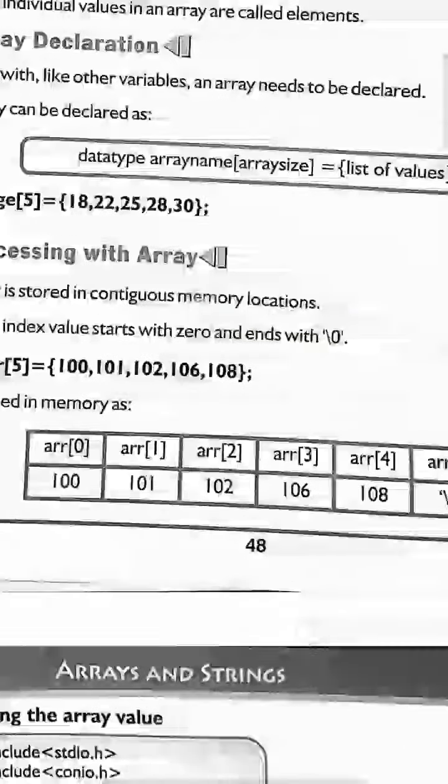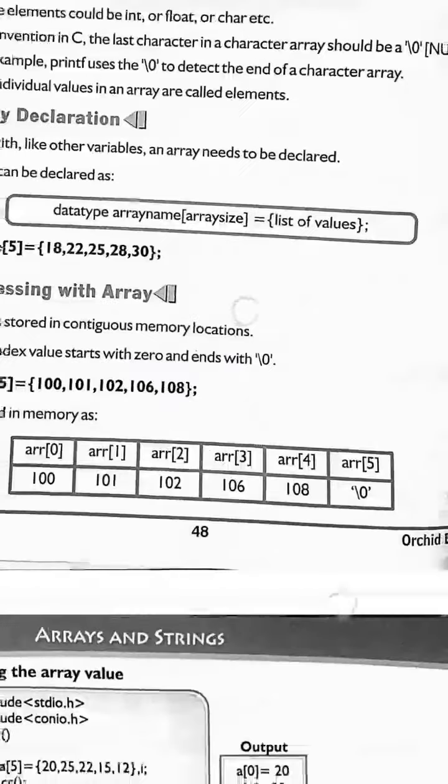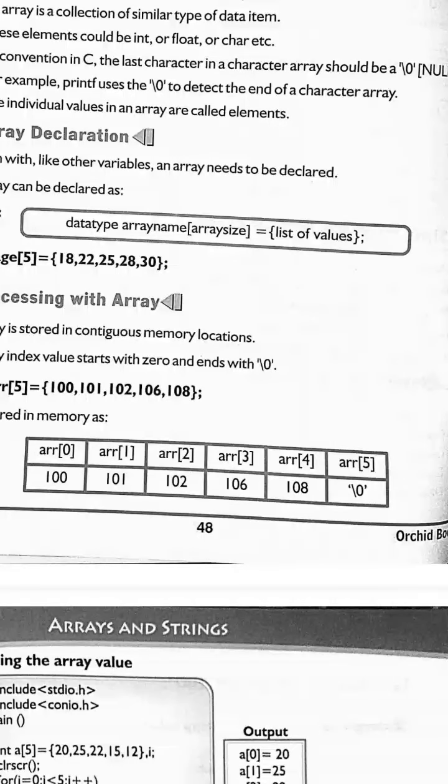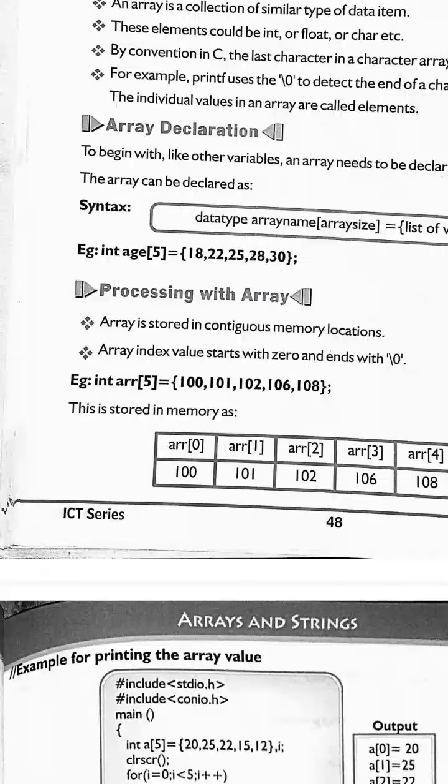Here you can see that they have given another term, array index. The array index identifies the values which are individually stored inside the array.